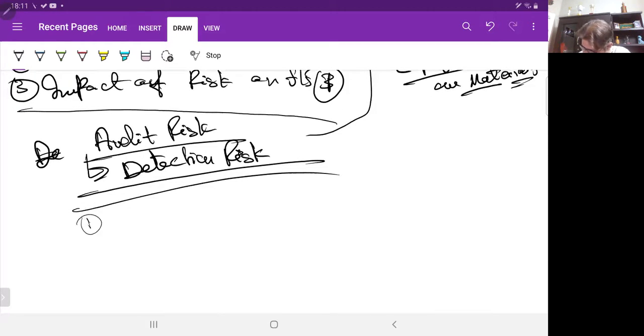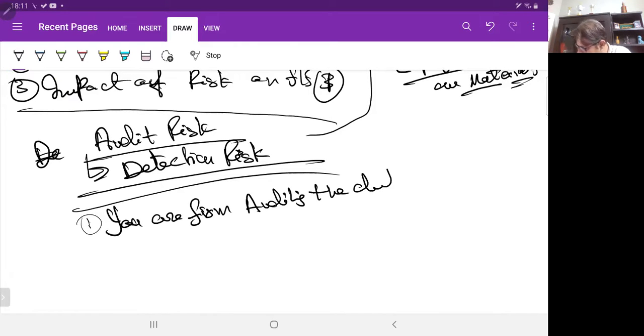Number one, your firm is auditing the client for the first time. Obviously, you have less understanding of the client. That will be a detection risk. That can be a detection risk for you.